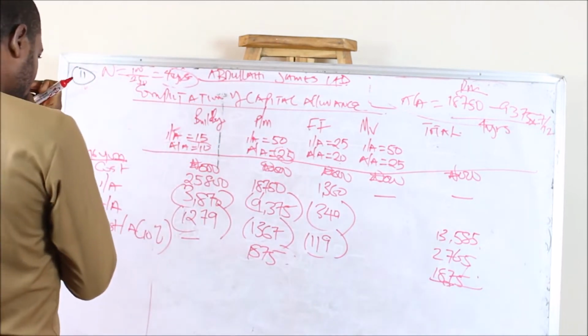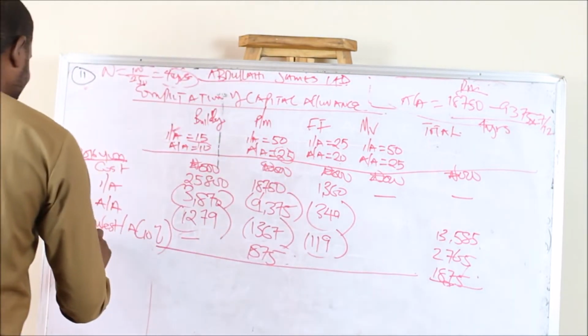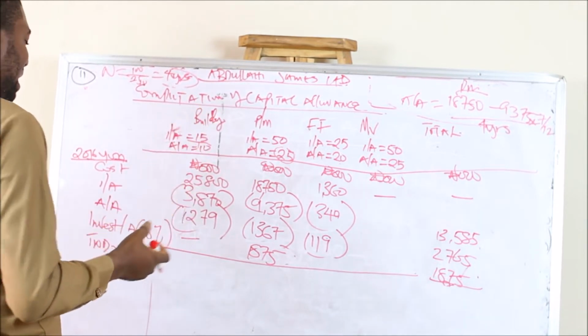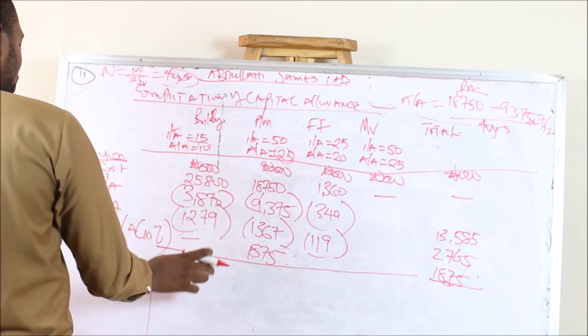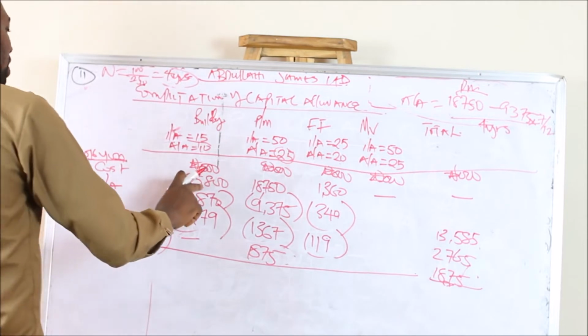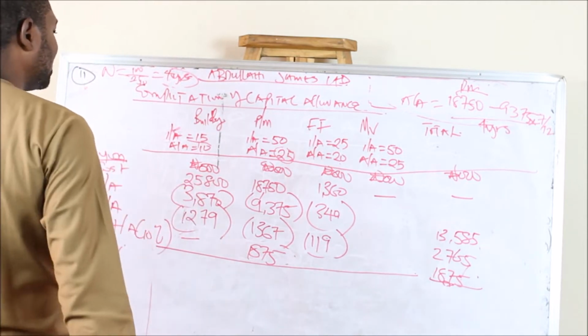So now we want to determine the tax written down value. For you to get the tax written down value, you minus the initial and annual allowance from the cost. So here we're going to say 25,800 minus 3870 minus 1279.